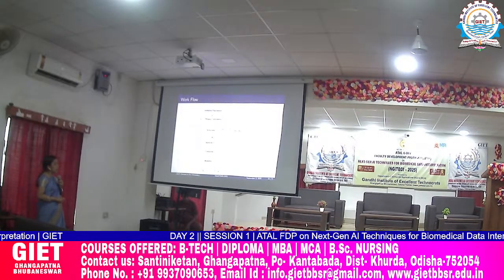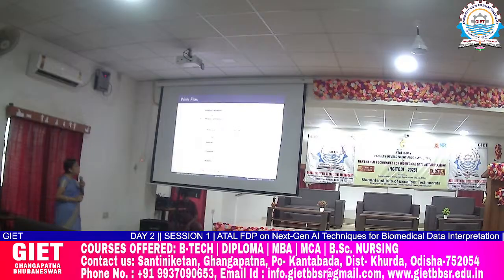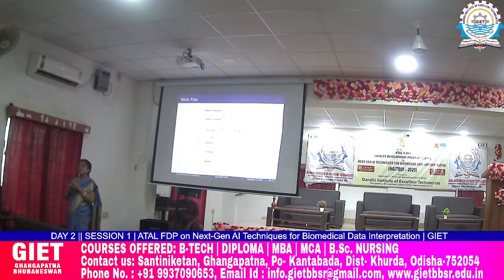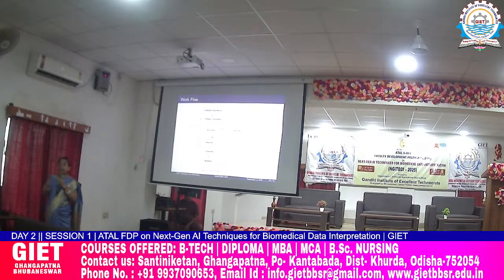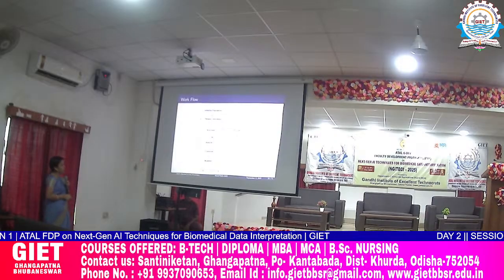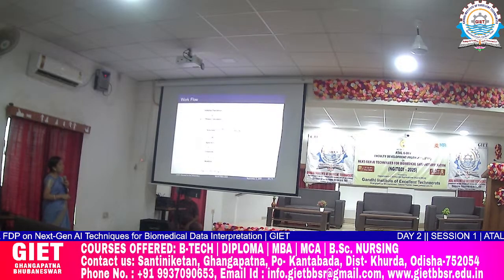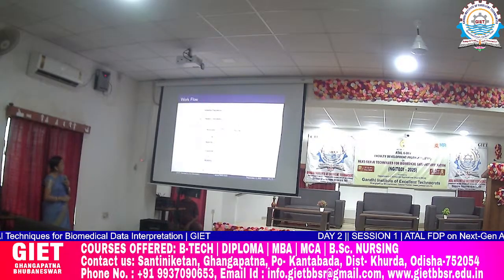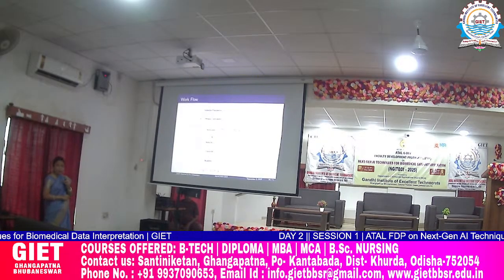These three operators are very important for your evolutionary approach. The most popular evolutionary algorithm, the base algorithm, is the genetic algorithm. In a genetic algorithm, three operators are used: one is selection, another is crossover, another is mutation. You start with the initial population.